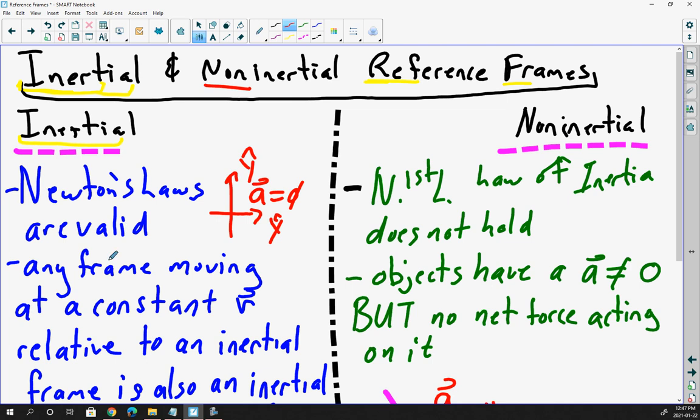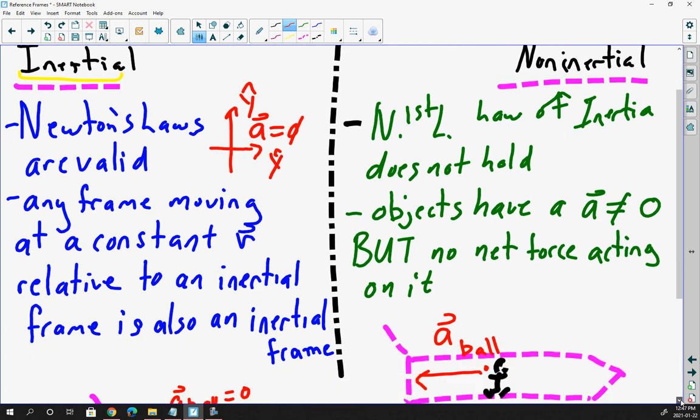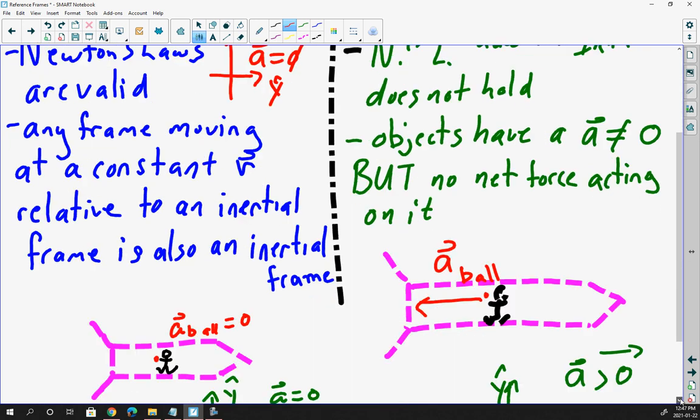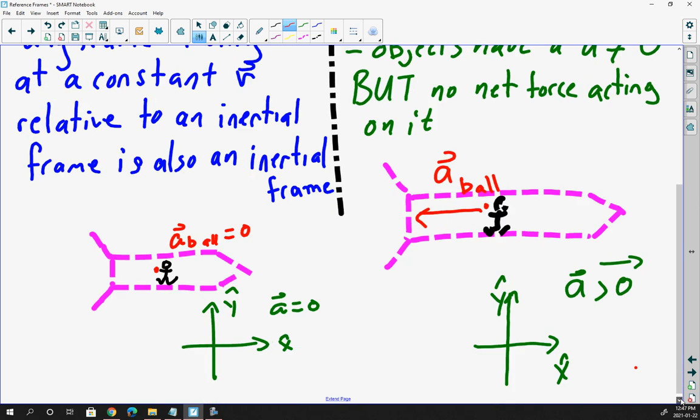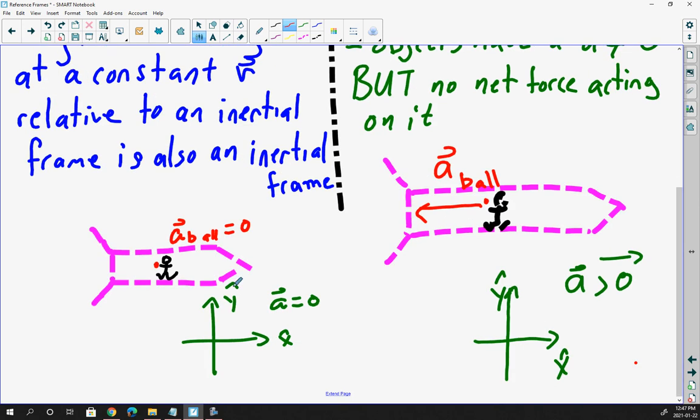And any frame moving at a constant velocity relative to an inertial reference frame is itself also inertial. So let me give you an example. Here are two frames we're going to talk about.